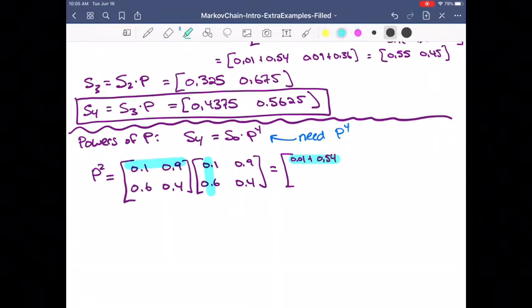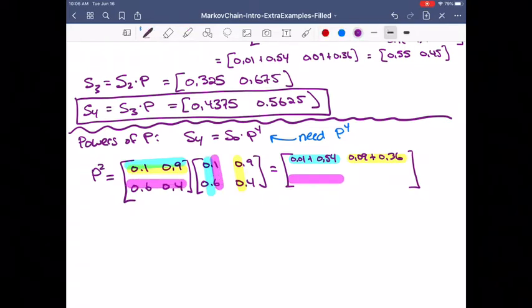Okay, and then we're going to take row 1 times column 2, and that's going to give us the entry in row 1, column 2. So 0.1 times 0.9 is 0.09, and 0.9 times 0.4 is 0.36. And then we have row 2, do the same thing. So 0.6 times 0.1 is 0.06, and 0.4 times 0.6 is 0.24.